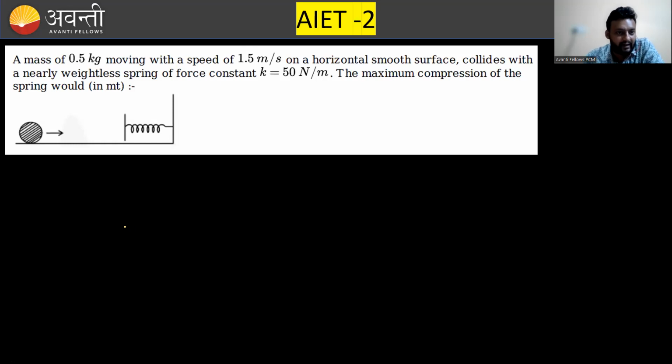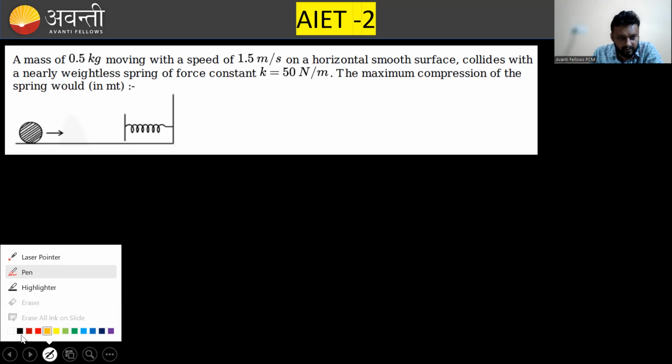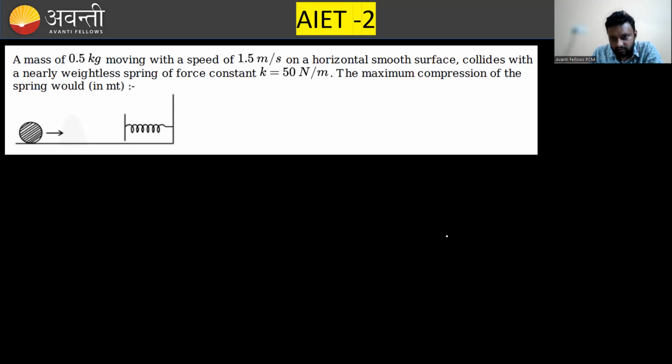A mass of 0.5 kg moving with a speed something like this on a horizontal smooth surface collides with a nearly weightless spring of some constant. The maximum compression. Okay. You can see I can draw the diagram here again.